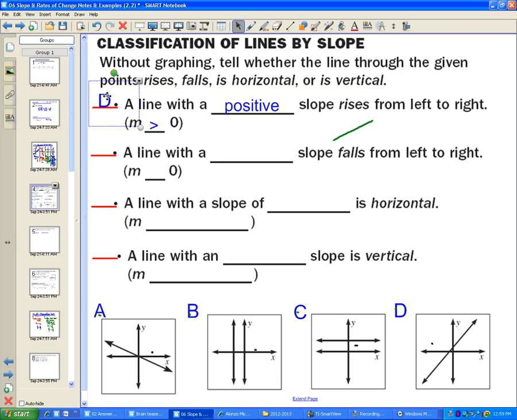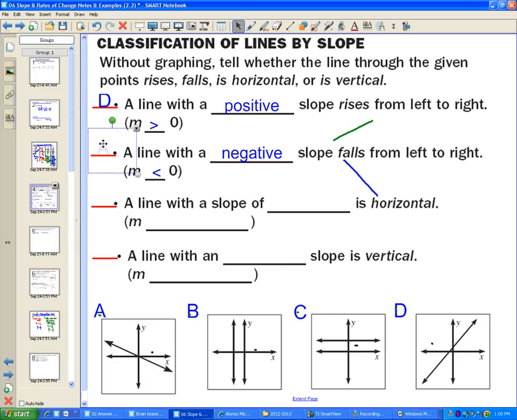The next one, a line with a blank slope falls from left to right. So if it's falling from left to right, it's going to be doing this type of thing. Well, that has to be a negative slope. That means that my slope M is less than 0. Which of these, A, B, C, are falling from left to right?